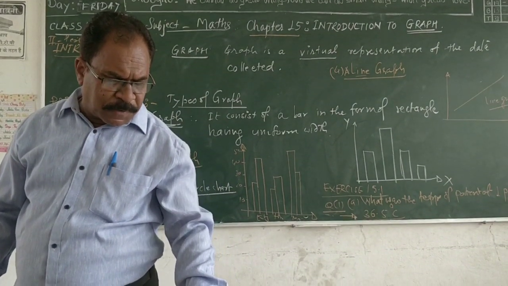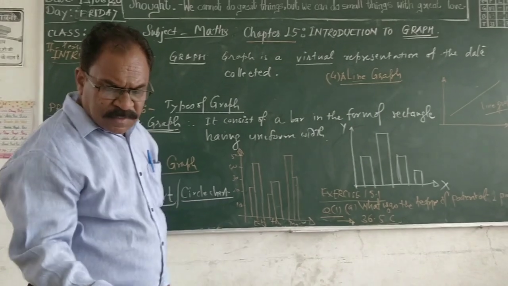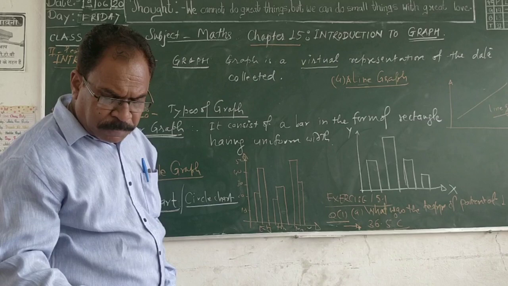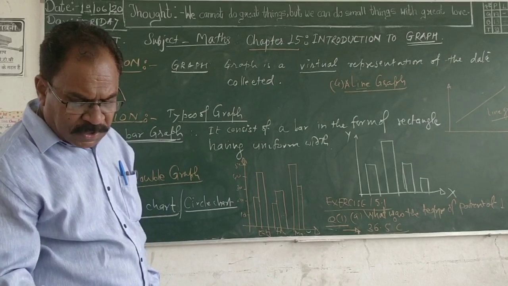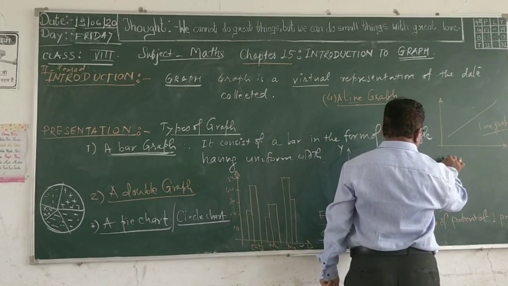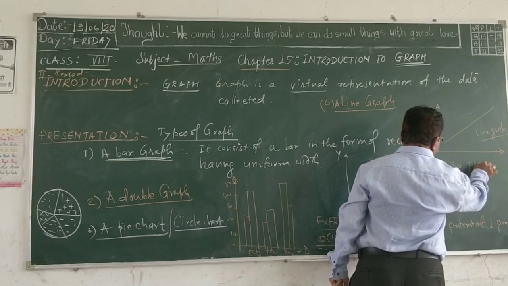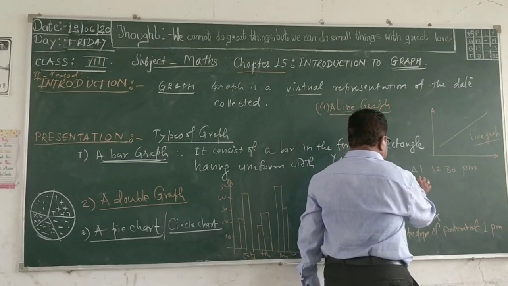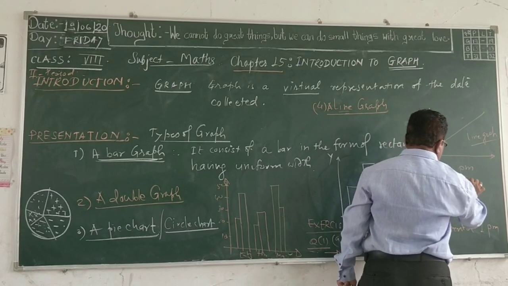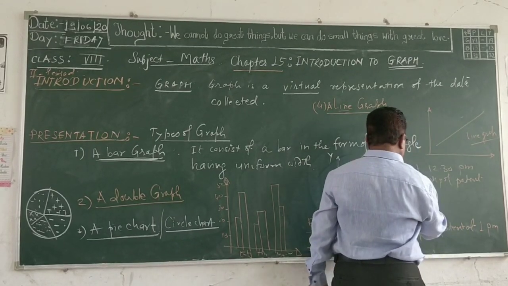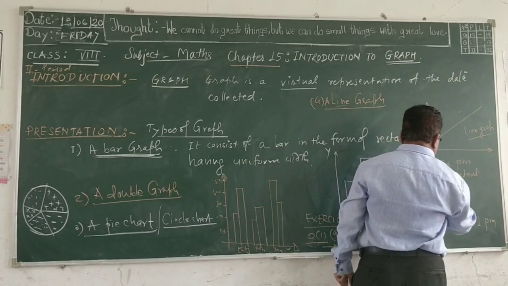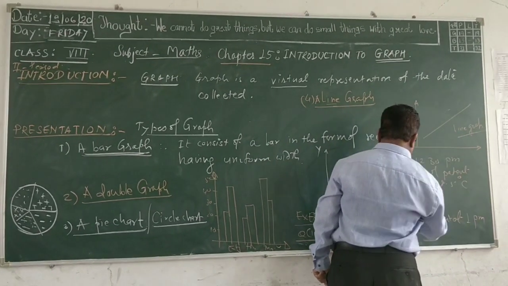You just draw a perpendicular from 38.5 degrees. It will meet, and draw a perpendicular on the time axis. You will get that at 12:30 p.m. So at 12:30 p.m. the temperature of the patient was 38.5 degrees Celsius.